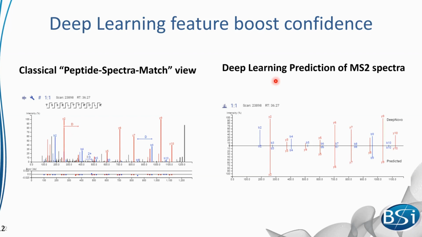We can predict the MS2 spectra based on the input sequence. So besides this viewer, we have the mirror plot here. On the top of the figure is the measured spectra, and on the bottom is the predicted one. We can compare the measured spectra to the predicted spectra based on ion type and, most importantly, the relative intensity of each peak.